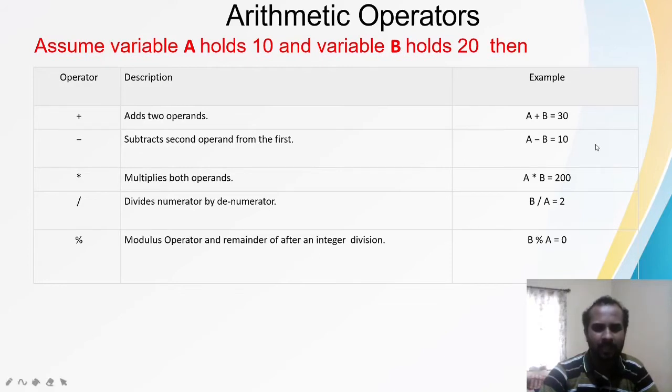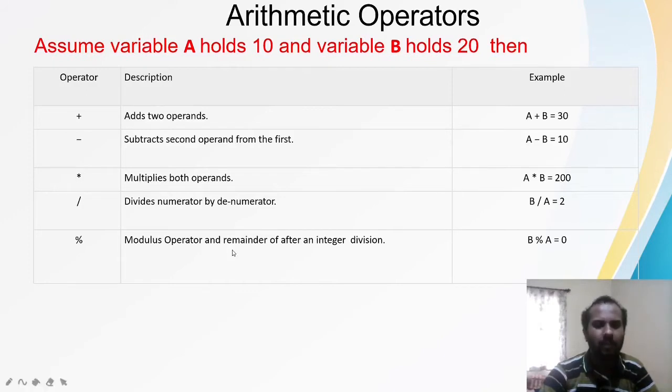A minus B will be minus 10, because A is 10 and B is holding 20. A into B, it will be 10 into 20, which is 200. B by A, that is B which is 20 divided by A which is 10, will give 2.